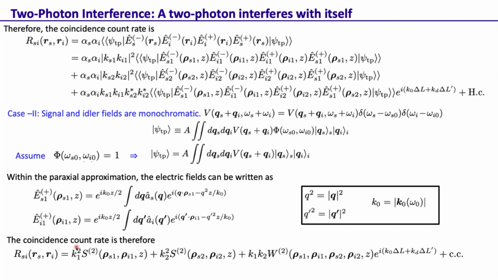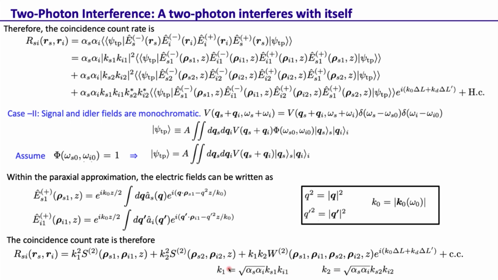This is the generic structure we see for any interference involving 2 alternatives. So the first term is the coincidence count rate if only alternative 1 was there. The second one is the coincidence count rate if only alternative 2 was there, and when both the alternatives are there and they are mutually coherent, then we will have these 2 extra terms as well.